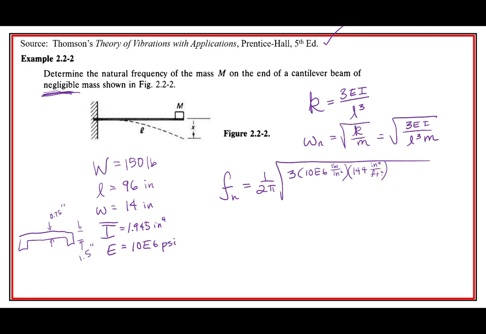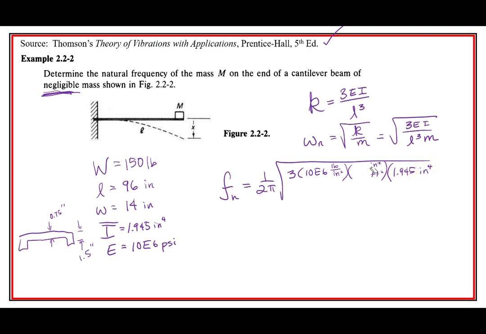And then let's see, okay, so you have another inches problem here. Gosh darn it. All right, so that's going to make it even more confusing right in here, because we have 1.945 inches to the fourth.